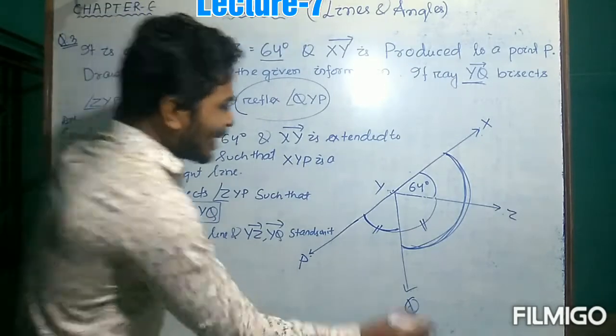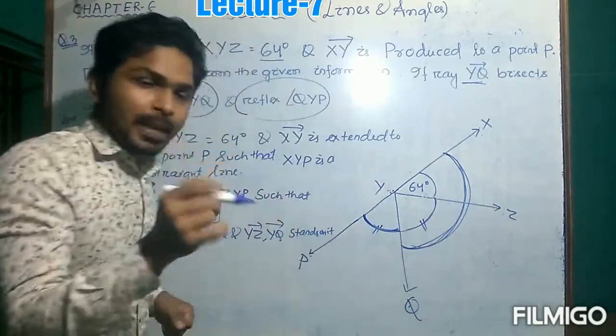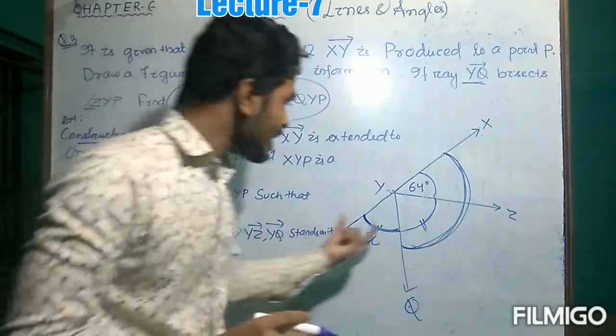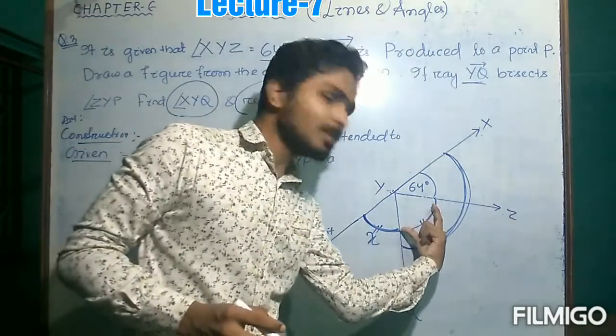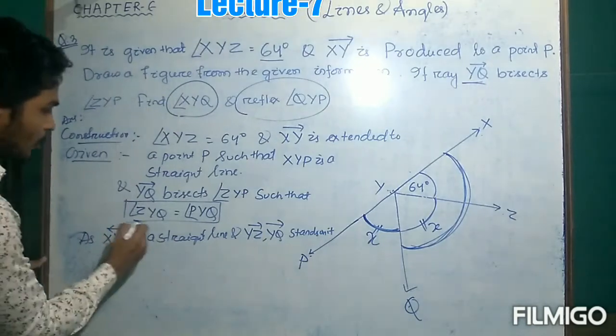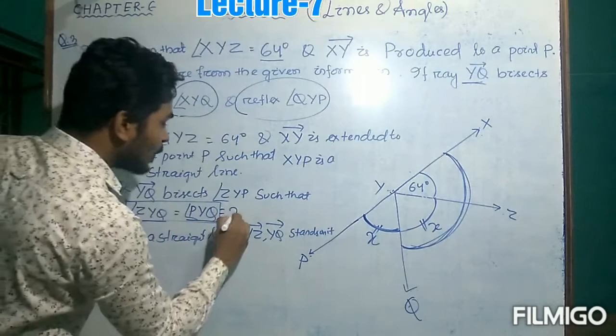One thing you have to remember here, since this angle and this angle are equal, suppose I choose this angle to be x. This is an assumption. Then what is the measurement of this angle? This must also be x, because as we know, the two halves of the angle bisector are equal.